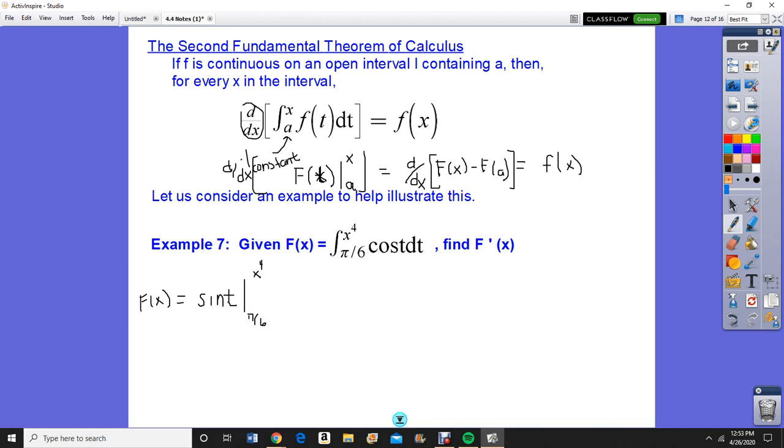So I will take that upper bound and plug it in. In other words, I would have sine of x to the 4th power, and I would subtract from it sine at pi over 6. We would be able to replace this sine at pi over 6 with 1/2.